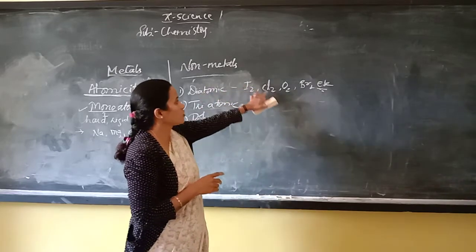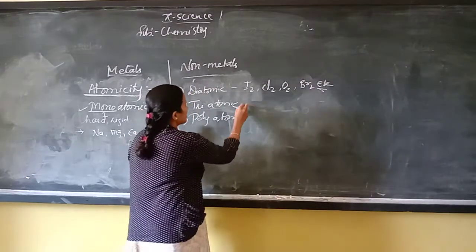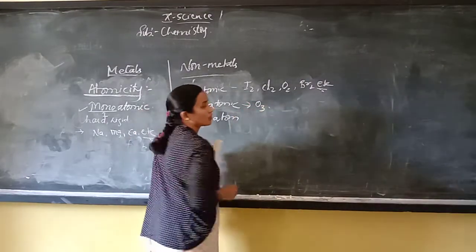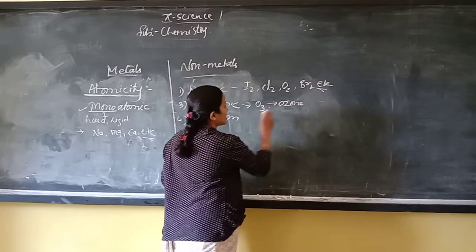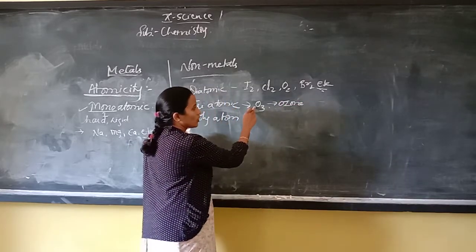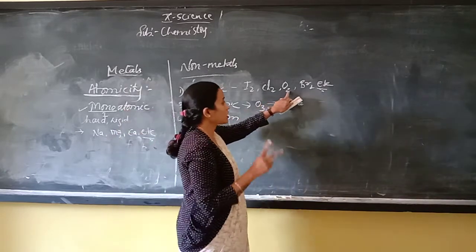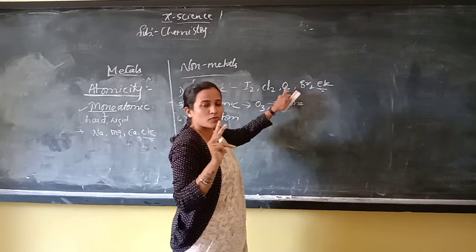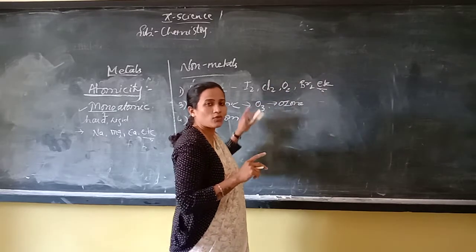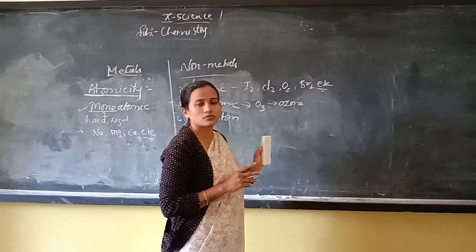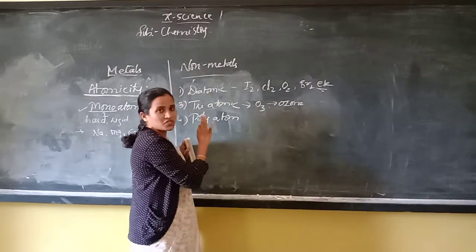For example, I2, Cl2, O2, Br2, etc. Those non-metals made with 2 atoms are called diatomic non-metals, or diatomic elements. Next, O3. What is O3? Ozone. What is the number of atoms present in ozone? It is 3. If 2 atoms are present for O, we call it oxygen, but O3 we call ozone, because it is made up of 3 atoms.